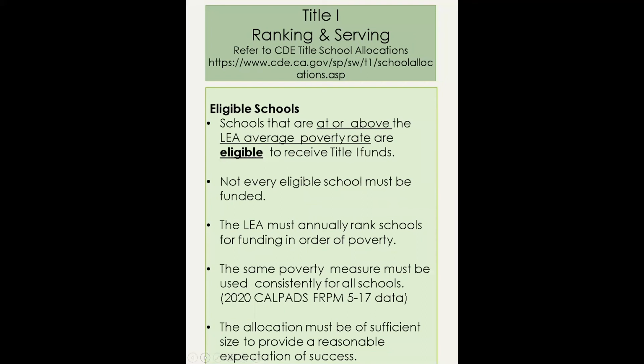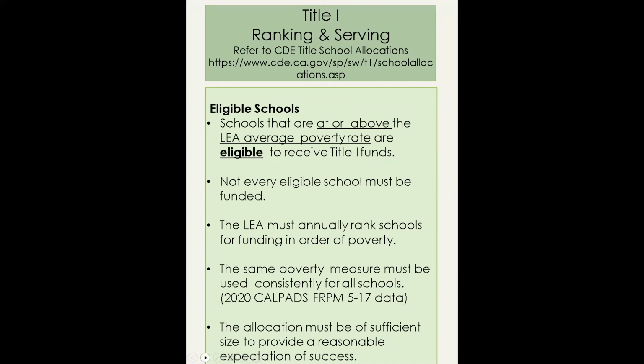You have to use the same measure, and in the winter submission, when you document your ranking, it's going to be based on 2020 CalPADS free and reduced price meal, age 5 through 17 data. That data is available to you now to use to rank your schools. When it pops up in the winter, that's the data that will show in the Con App. The allocation needs to be sufficient to provide a reasonable expectation of success. So you have to give enough money to each school, and that's where you need to decide what your cut point is.